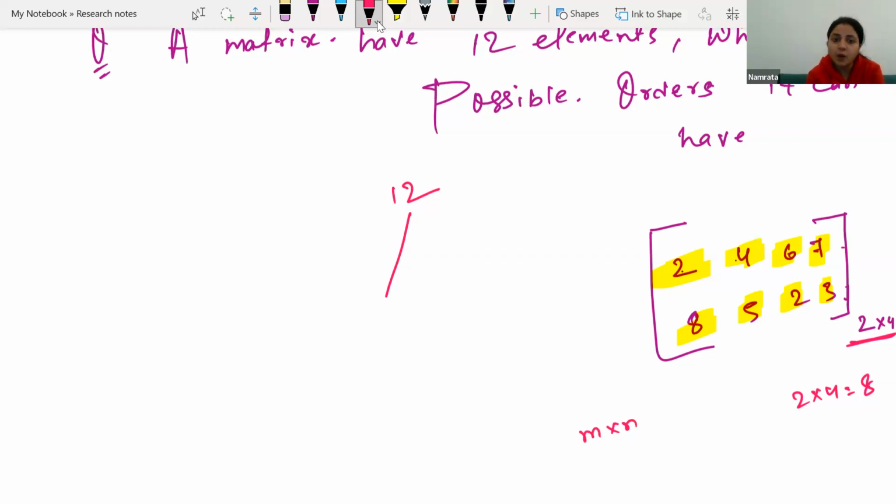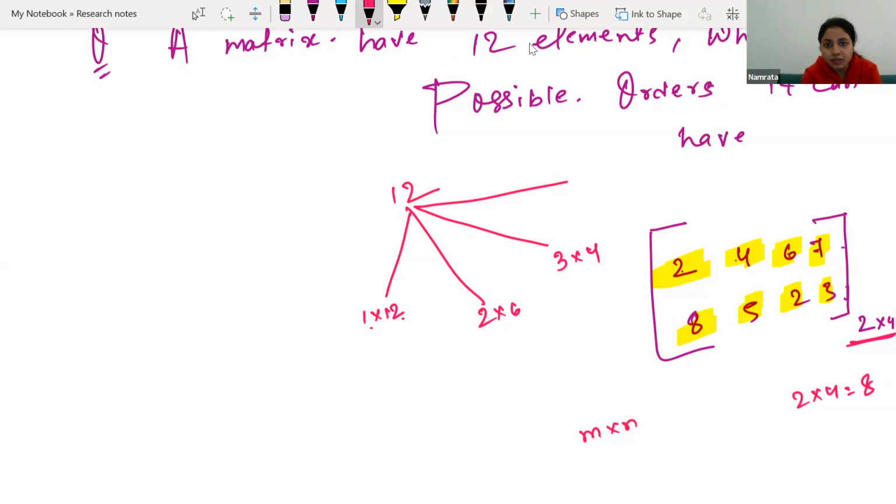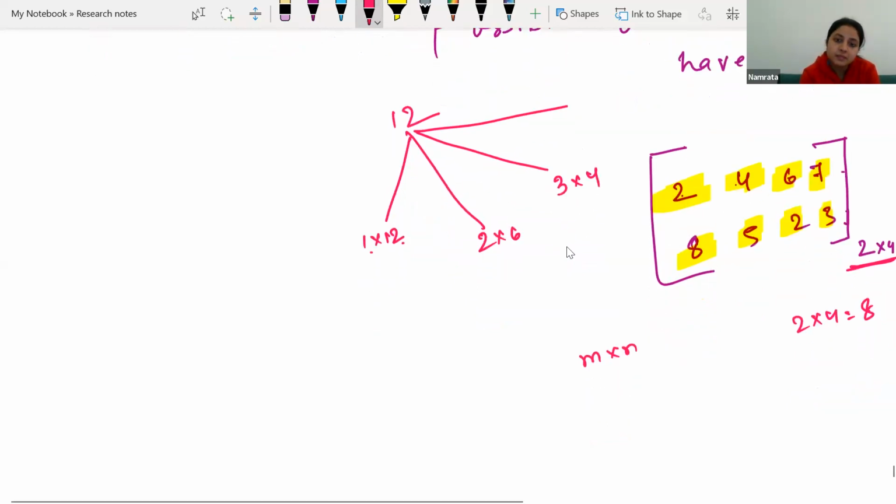Okay, so the possible order can be 1 into 12, 1 row 12 columns, or it can be 2 into 6. 6 into 2 can also be there. 3 into 4 can be there. So these are the possible orders. Order means m cross n. So in this format we are breaking this 12. Similarly, 2 into 6 is there, 6 into 2 can be there, 4 into 3 can also be there.